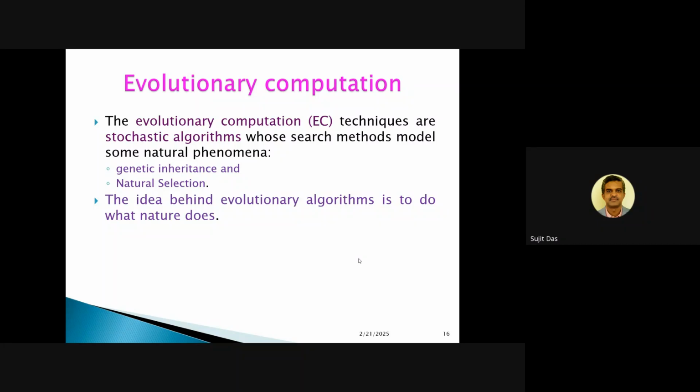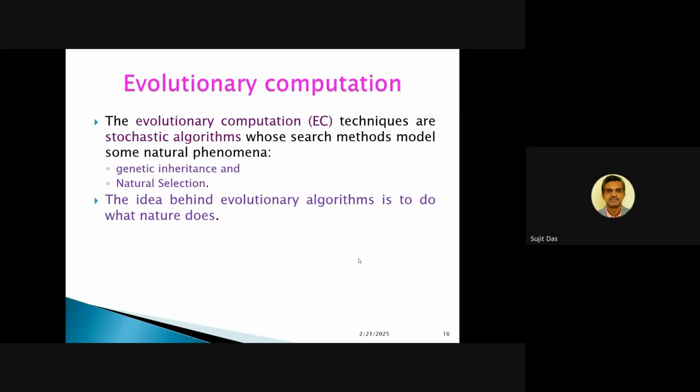Since more better quality solutions were there, if I randomly select 2, automatically the chances will be higher that 2 good solutions will be selected for the mating process. And then we apply the mating process, which is called crossover technically. Then genetic inheritance is applied.